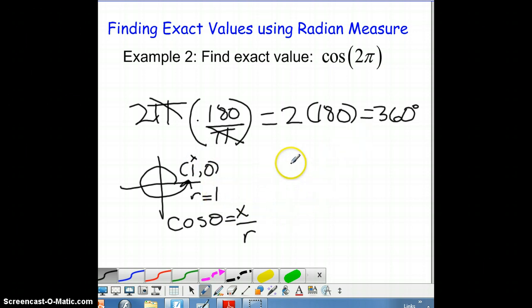So the cosine of 2 pi, which is the same as cosine of 360 degrees, and after we graphed it, we found out that our x is 1 and our r is 1. So the cosine of 2 pi equals 1. Okay? Let's move on to the third example.